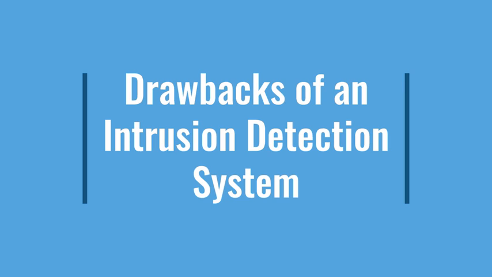Many intrusion detection systems, particularly network intrusion detection systems, can be susceptible to the same problems as protocol-based attacks. That can cause them to crash, and then the attacker is able to gain access to an essentially unprotected network. So whilst there are benefits, there are also drawbacks.